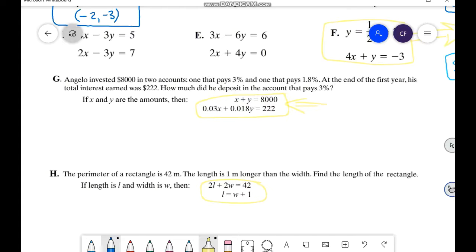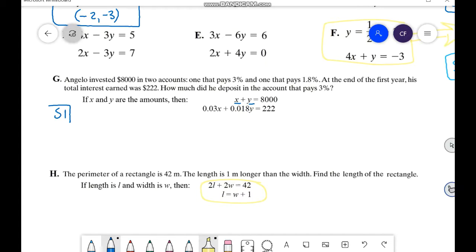So the account that pays 3% is this one, X. This is 3%, this is 1.8%, and this is 222, the total interest earned. The total amount, if you add the initial investment on each account, is going to be X plus Y, 8,000. So let's find X. The question here is to find X.